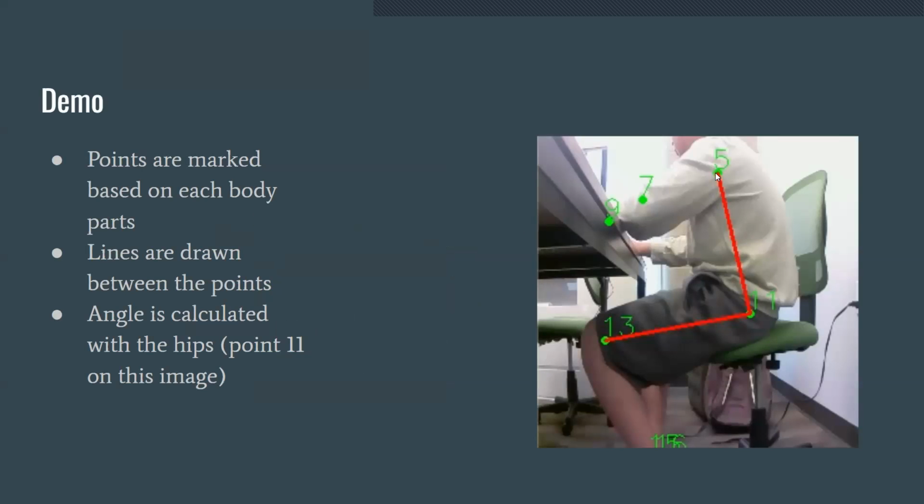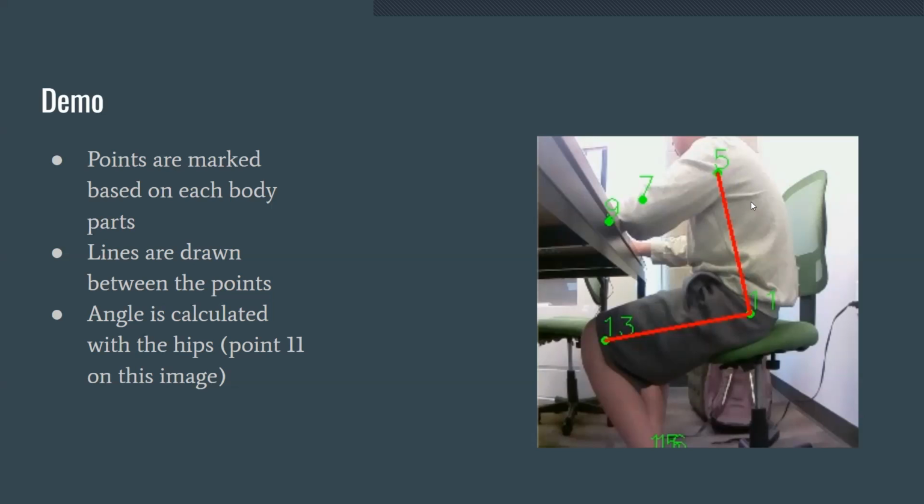We can see on this image right now. You can see an image over here, and points are marked on each of the body parts. TensorFlow is an algorithm that can mark a point.